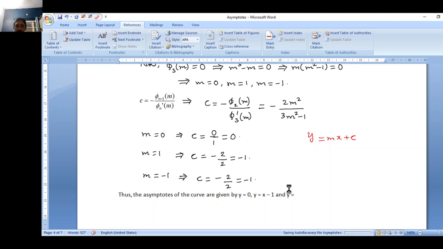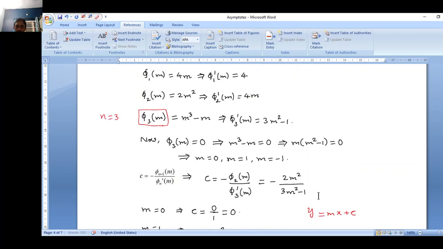So that will give me y equals minus x minus 1. Okay, so I hope you got this part properly. So these are the three asymptotes that we have got for the given curve.